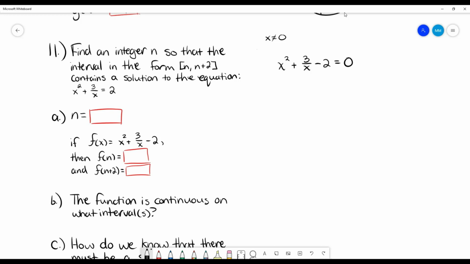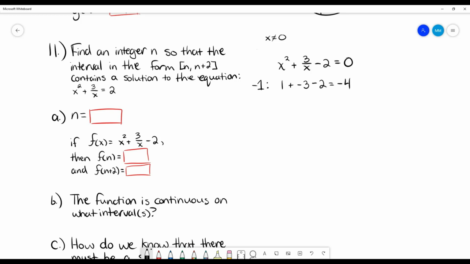Let's try plugging in a -1. So if I plug in a -1, I get 1 plus 3 over -1, which is -3, minus 2 equals -4. Okay, this was when I plugged in a -1, so I'm just going to write that there.